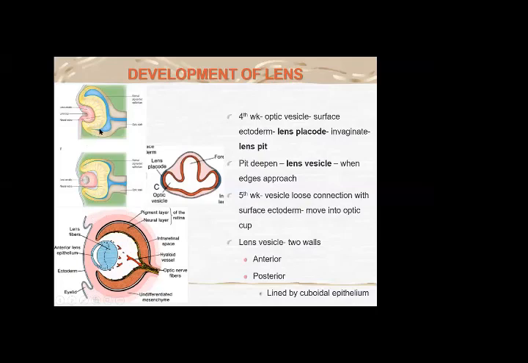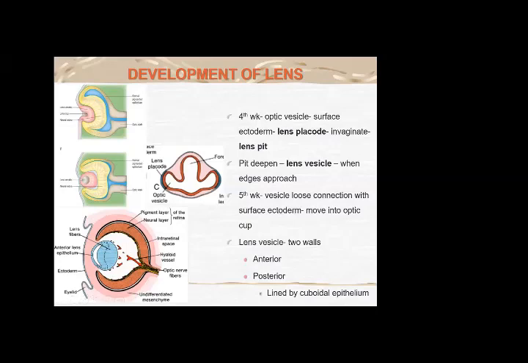Then as they deepen, the two edges or the two lips of the lens pit come close to each other, approach each other, and then fuse with each other. The structure that develops is called the lens vesicle. Okay?